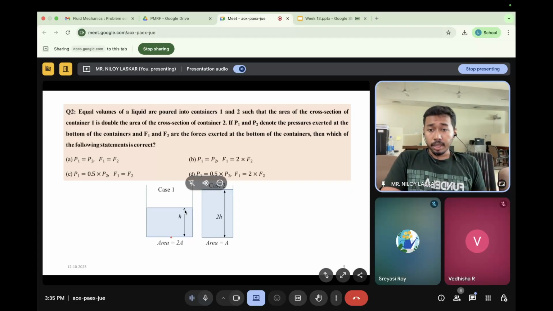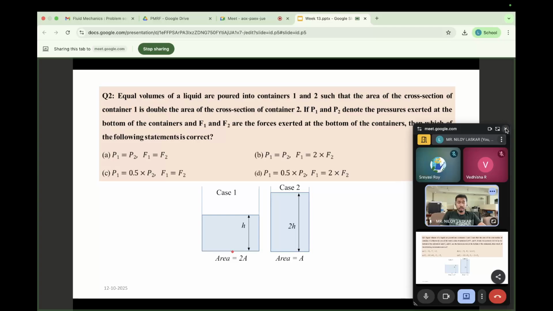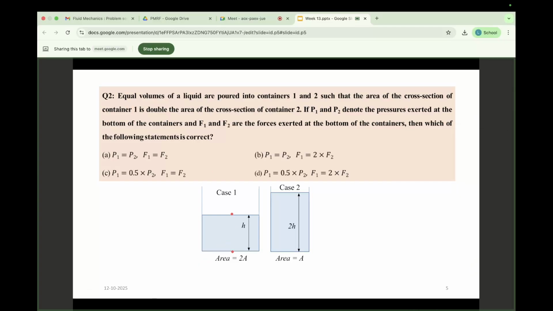As I told, the point exposed to atmosphere has gauge pressure zero, so I can consider this gauge pressure as zero. At the bottom, if this is P1, P1 is rho g h, and for case 2, P2 is rho g 2h.